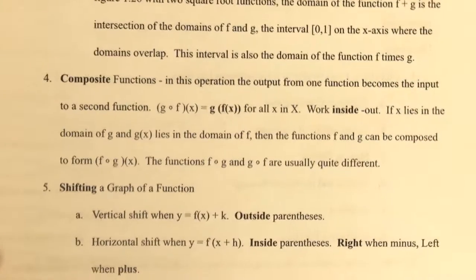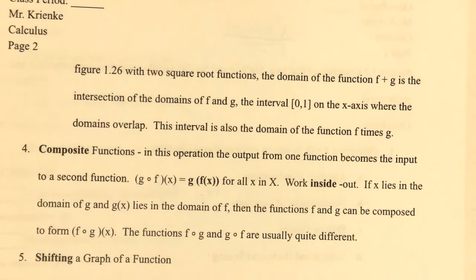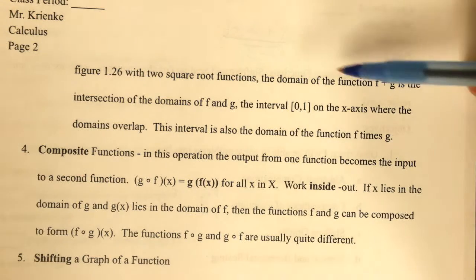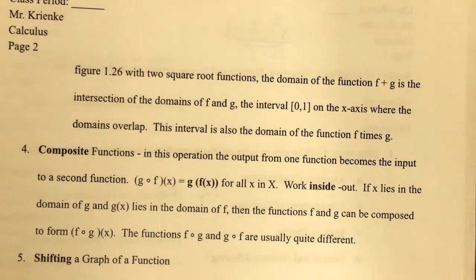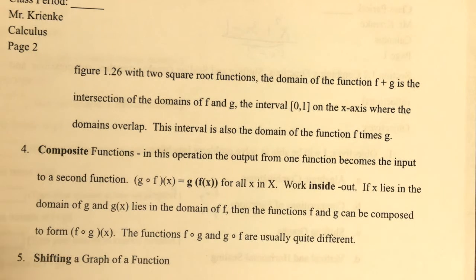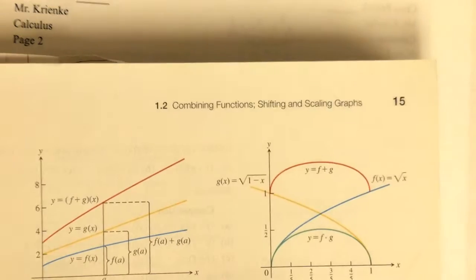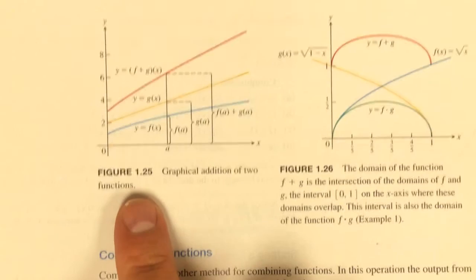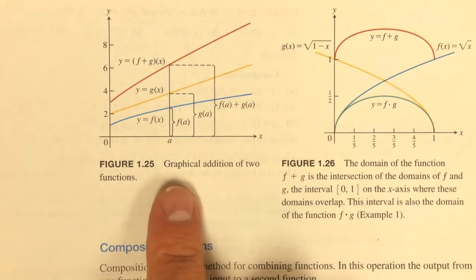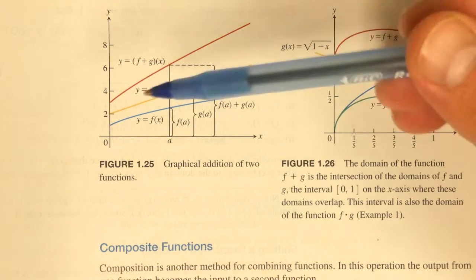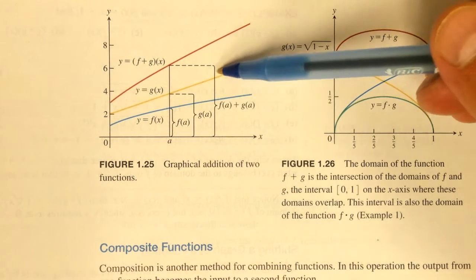This says in figure 1.26, which has two square root functions. So let me pause the video and show that. Okay, so let me go back just a little bit. 1.25 looks like this. It's combining two functions. So say you have the blue function and the yellow function.